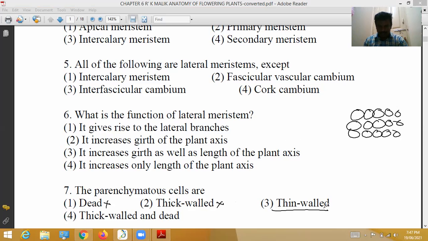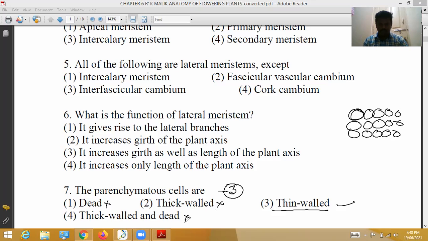Actually, the parenchymatous cells are thin-walled. So the correct option is the third option: living thin-walled cells. For the seventh question, the correct option is third.